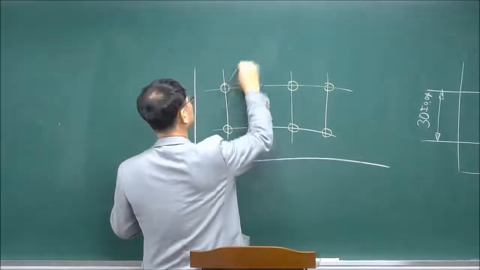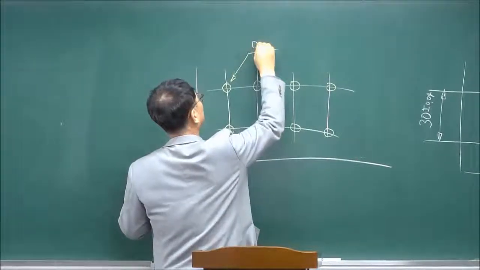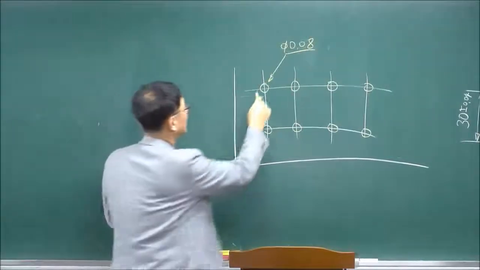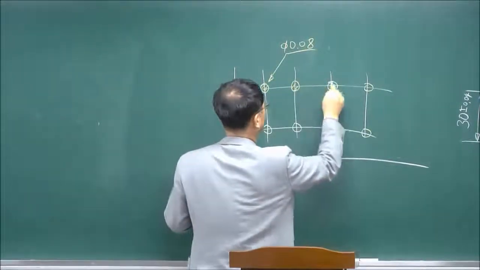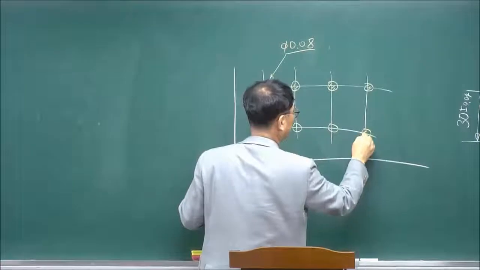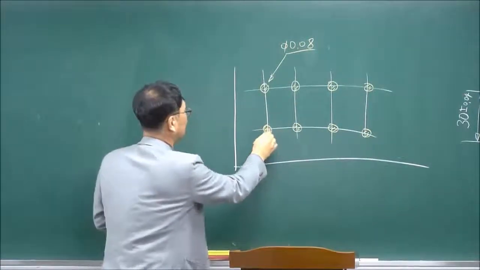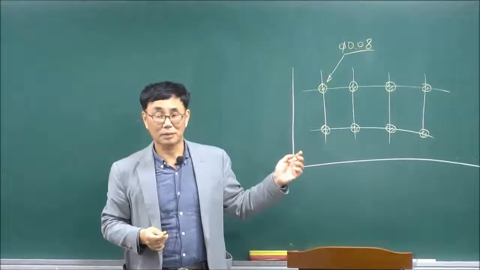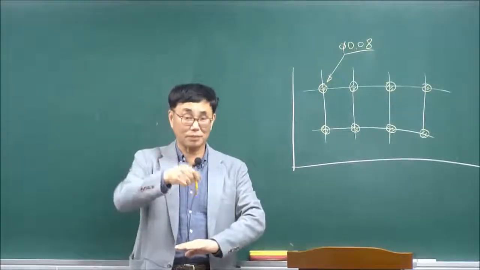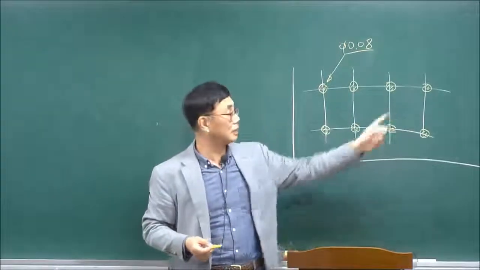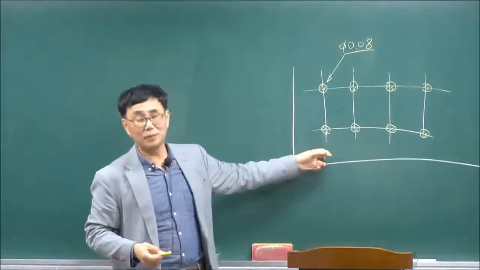By circles whose diameter is 0.08, the center must lie within these circles if you see the top surface. Comparing this and that, this is more reasonable.